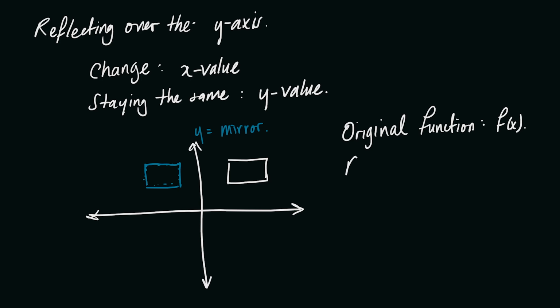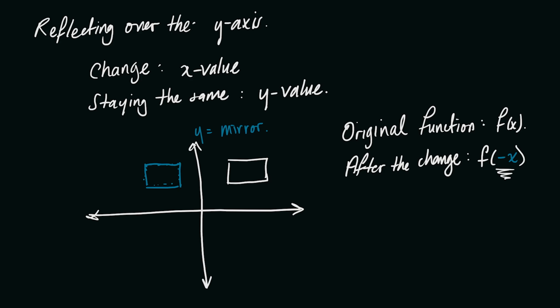And then after the change, since our x value is turning negative if it was originally positive, we will write f of negative x instead. Now remember, this f of negative x doesn't mean that the whole entire function is changing negative, right? It just means that the x value is changing negative.